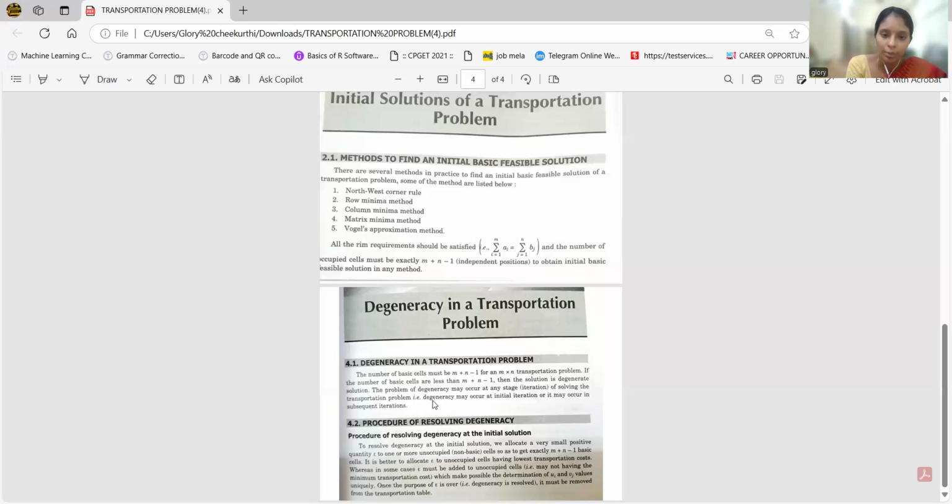In order to obtain the values of Ui and Vj, we keep epsilon not only in the cell having the least cost, but also in a cell that lets us easily find the values of Ui and Vj.